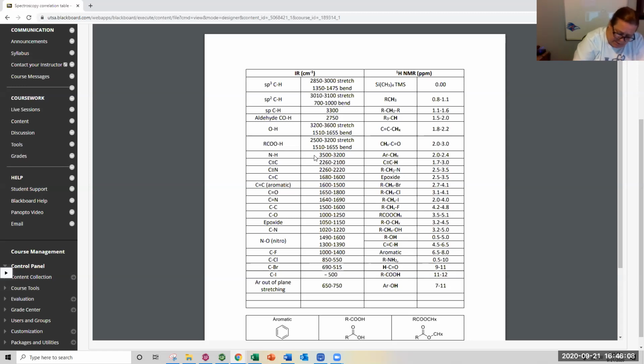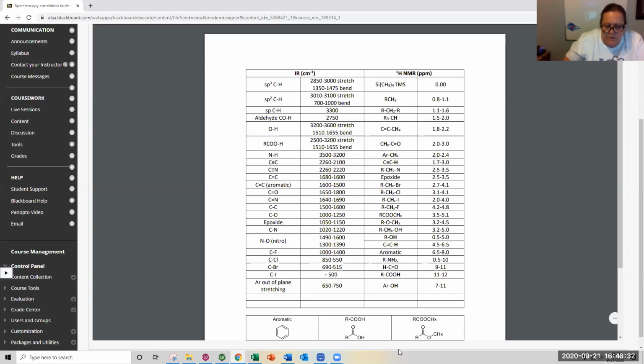Same thing with this other green one down here. Okay, it's also allylic. Okay, 1.8 to 2.2. This one right here, this dark green one, is what? It's a carbonyl. It's what we call an alpha proton. If I'm in this position here, I'm said to be in the alpha position.